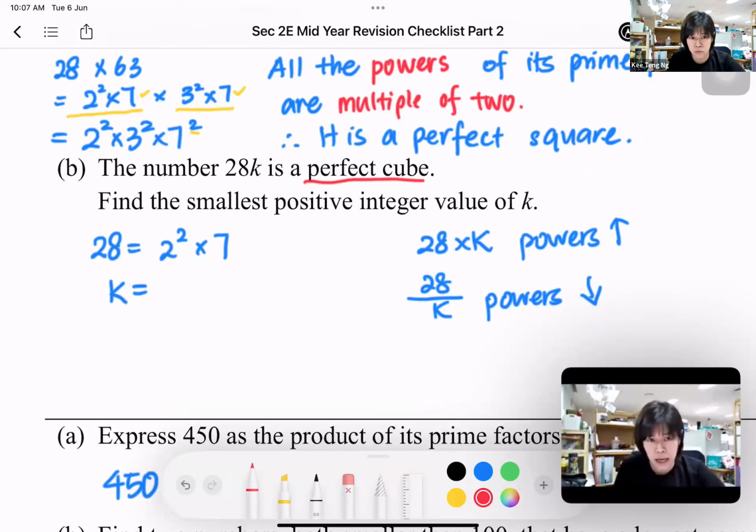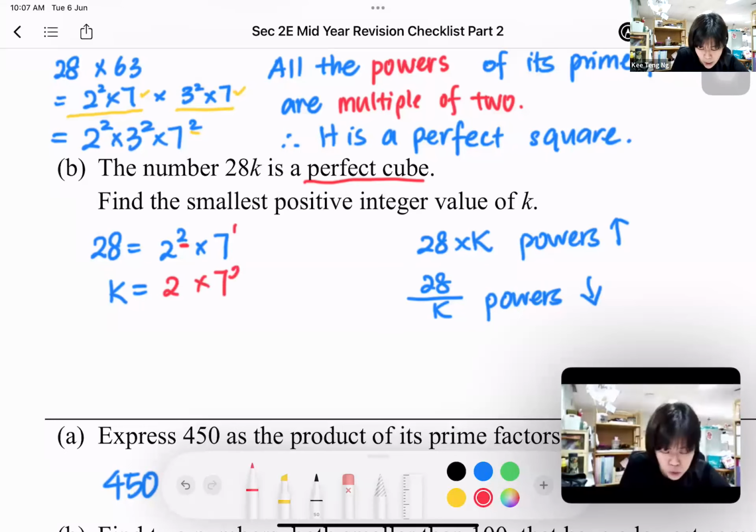So in this case, I need to multiply some factors such that the power increases to become a perfect cube. That means I multiply by a number 2, so that it becomes 2 cube. And then this one is 7 to the power of 1, so I need to multiply by 7 square so that it becomes 7 cube.